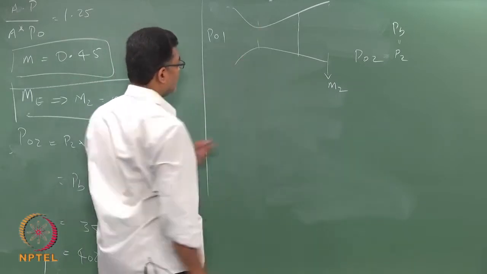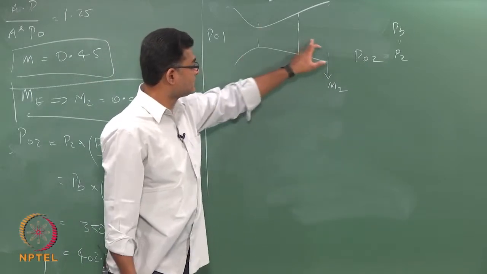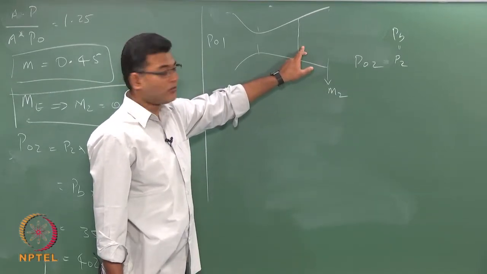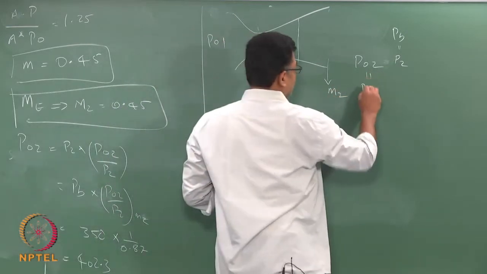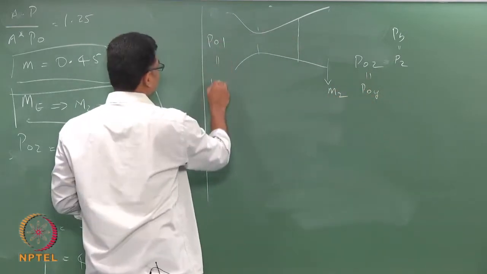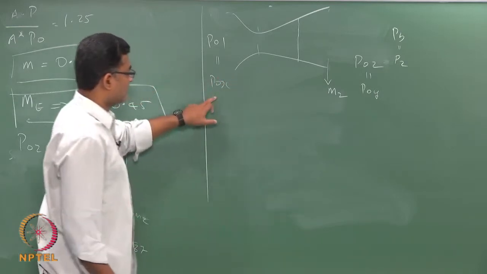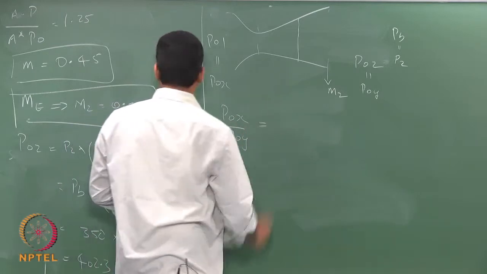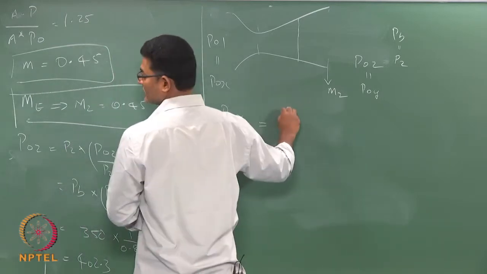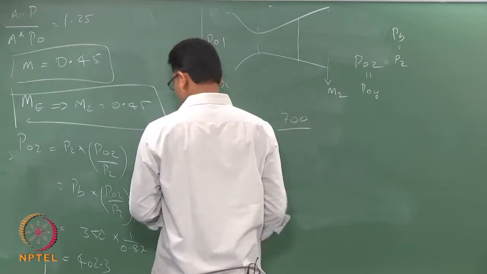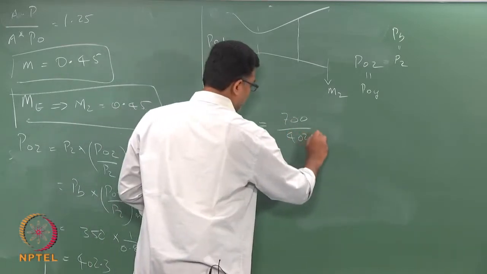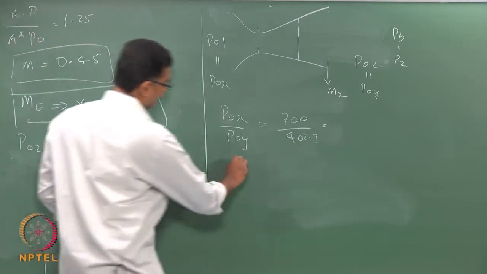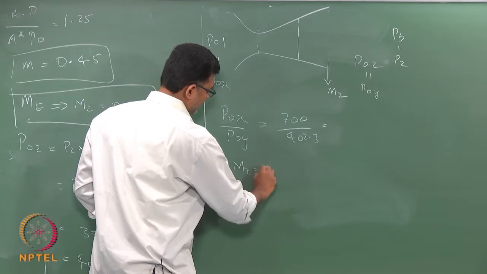This is an isentropic flow, so this P02 is going to be the same as P0y, which is the same as our P0x. So now I know P0x by P0y, which is 700 divided by P02, 402.3. So that is my ratio. Now if I get that ratio, I can find Mx and My.